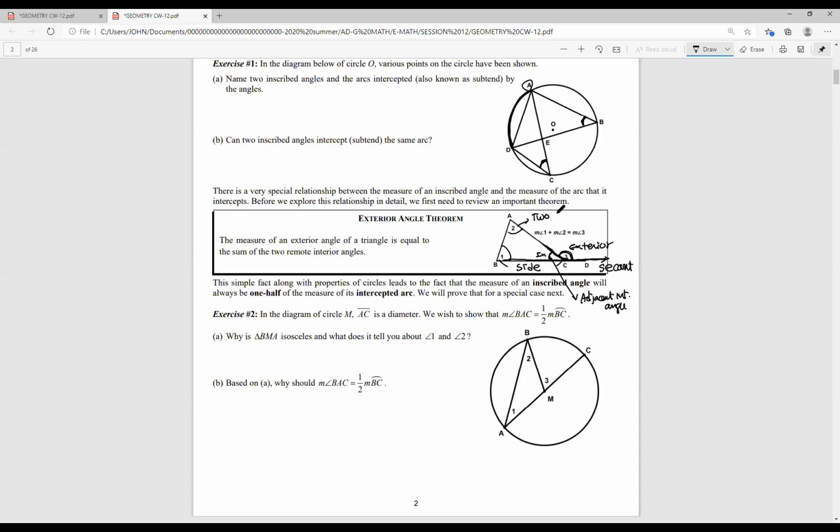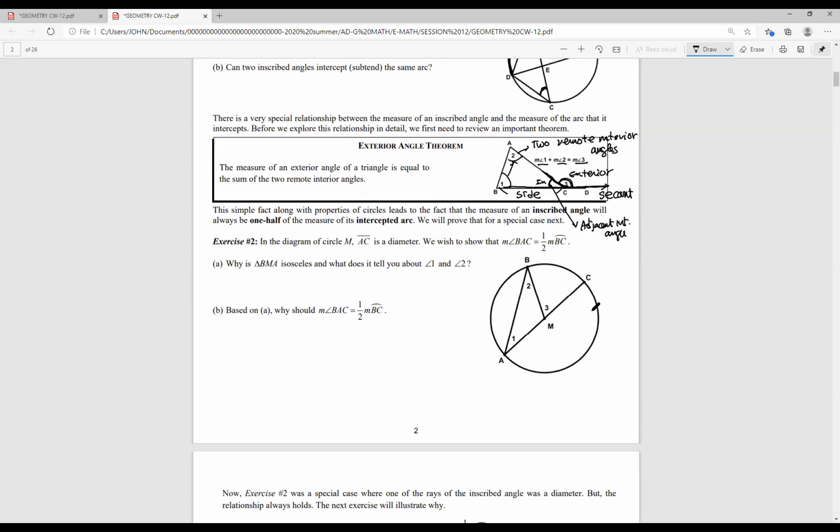We have two remote interior angles, 1 and 2. So the exterior angle is what? The sum of these two remote interior angles. So angle 1 plus angle 2 equals angle 3. That is the exterior angle here.